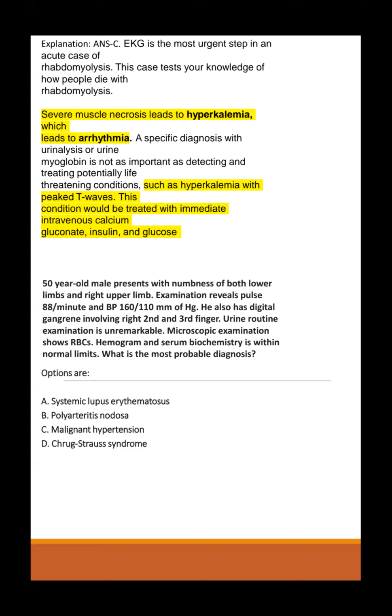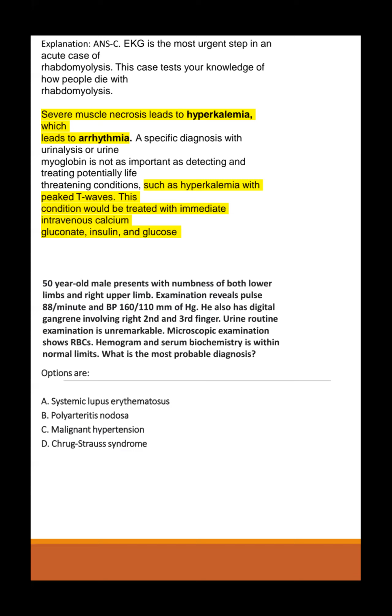Microscopic examination shows RBCs. Hemogram and serum biochemistry are within normal limits. What is the most appropriate diagnosis? A. Systemic lupus erythematosus. B. Polyarteritis nodosa. C. Malignant hypertension.